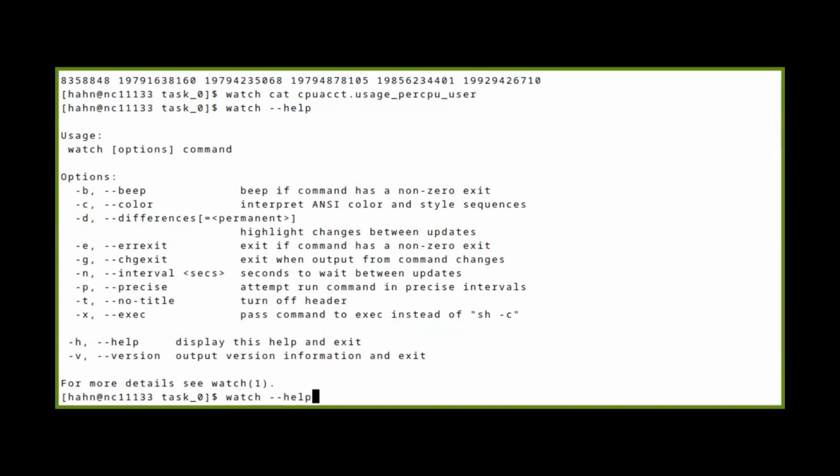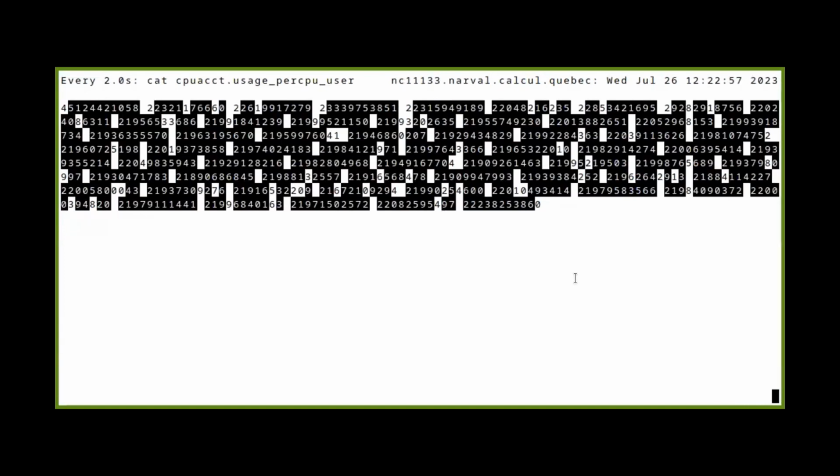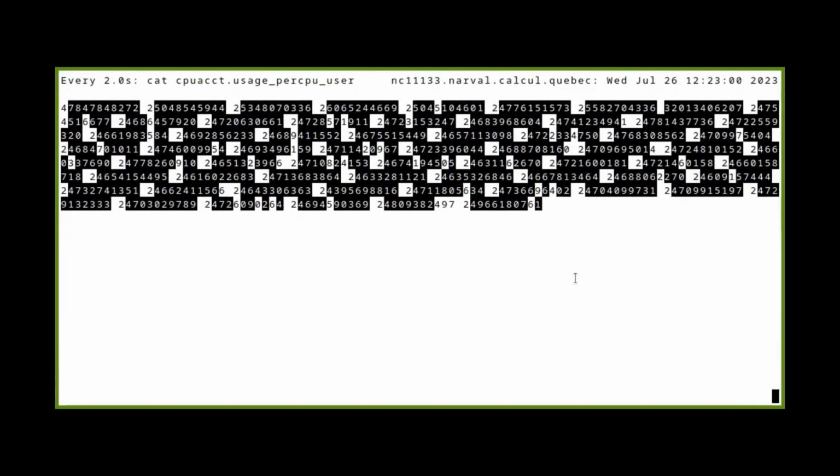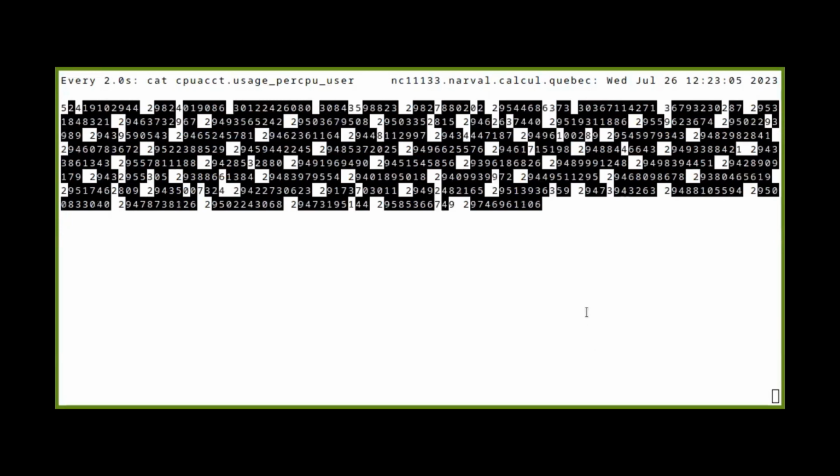Yeah, this might make it easier to read. I'm just going to run the Gromacs job again in the background. And indeed, all the CPUs are busy and diffing. That's sort of reassuring. But there's actually more information available here too.